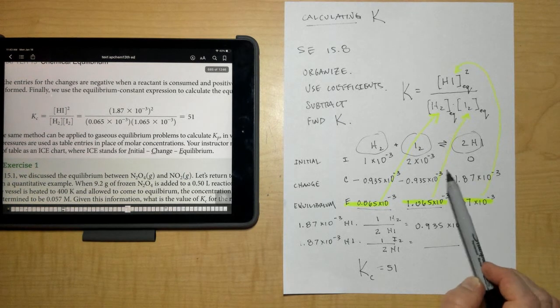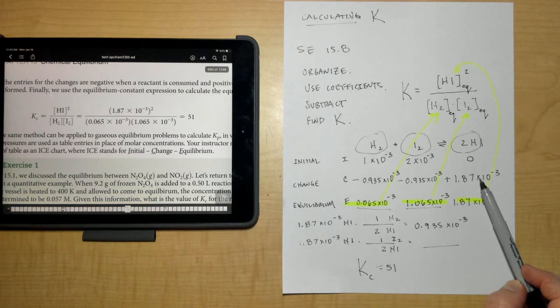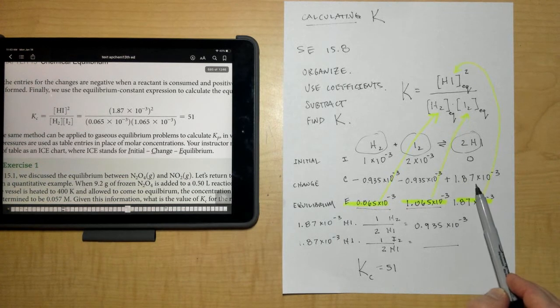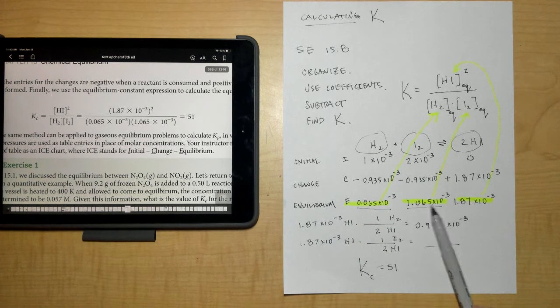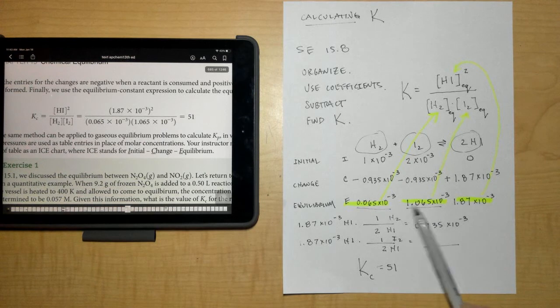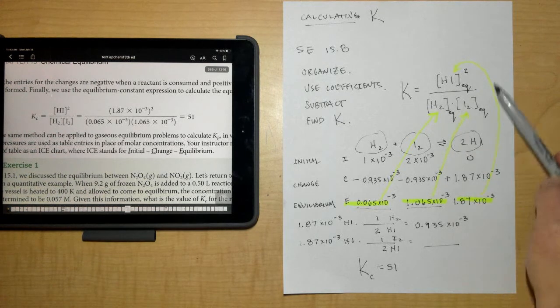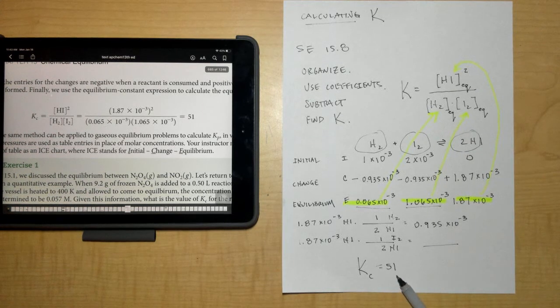Calculate the amounts that are lost, or the amount that's gained, depending on what they give you, based on the coefficients, and then do the subtraction to figure out how much is left over on the reactant side, or a plus sign for how much is gained on the product side. Plug them into the equilibrium constant expression, and bingo bango bongo, you win the Calculating the ICE Table prize.